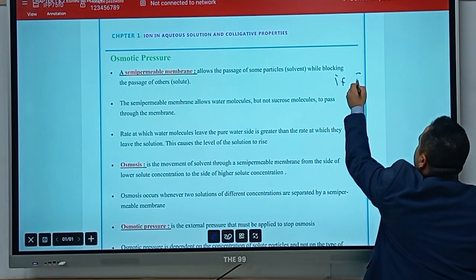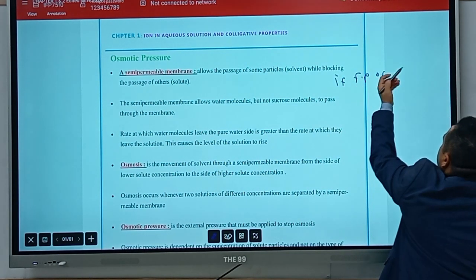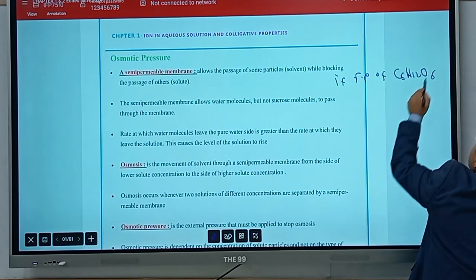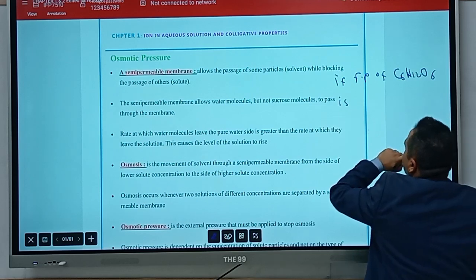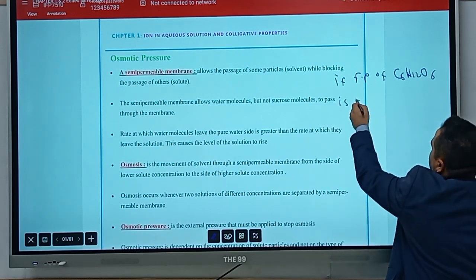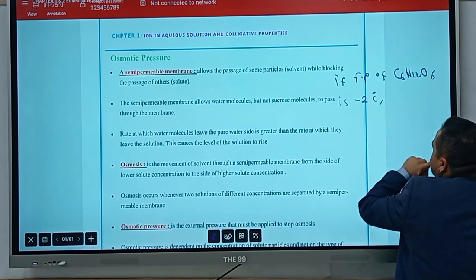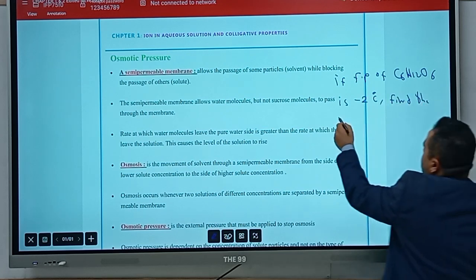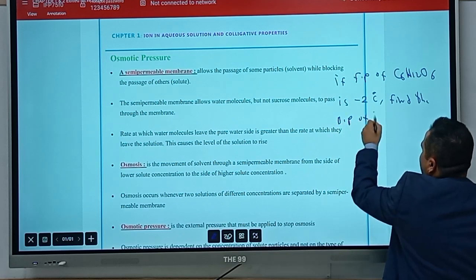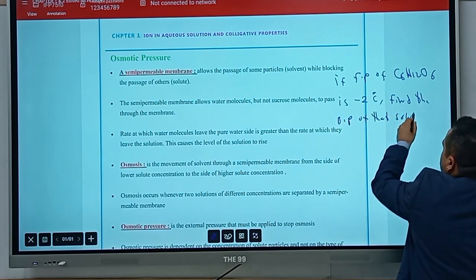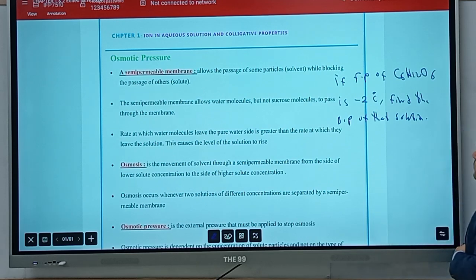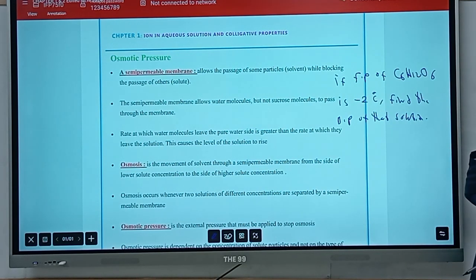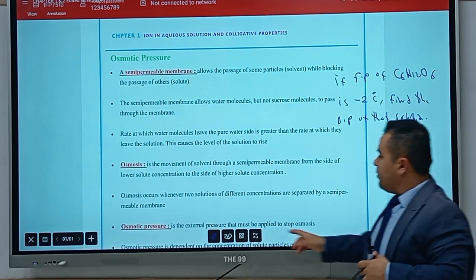If the freezing point of a C6H12O6 solution is minus 2 Celsius, find the boiling point of that solution. Guys, how to use the freezing point to calculate the boiling point? Of course, the molar mass must be given.